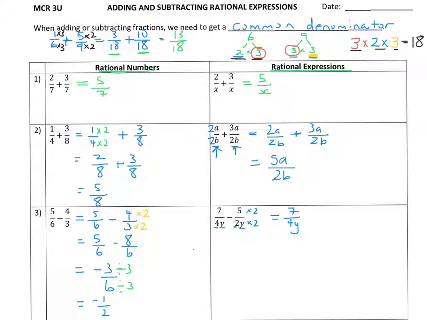So we have 7 over 4y, take away 5 times 2 is 10, and then 2y times 2 is our 4y. So now we've got common denominators. 7 take away 10 would equal -3 over 4y. Now there's nothing in this particular example that I can reduce, but sometimes there is, and then we actually need to do that. All right, moving to the next example.